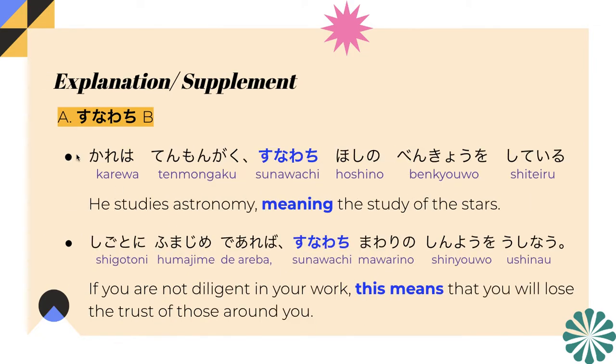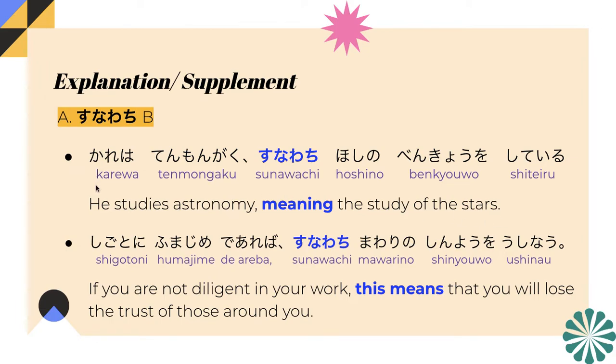The next one is すなわち. You would put phrase A, すなわち, phrase B. The first one says, he studies astronomy, meaning the study of the stars.